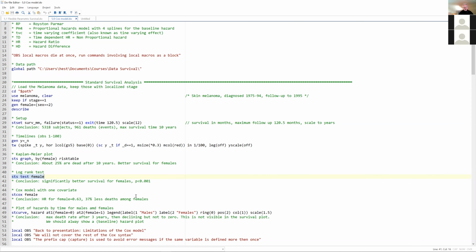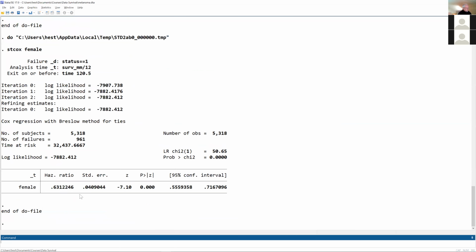Now we want to start modeling, and here I'm just showing you a Cox model with just one covariate. So stcox and then female. Female is now our exposure. The outcome is given in the stset. I run this one and I get 5,300 observations, and the hazard ratio for female is 0.63.